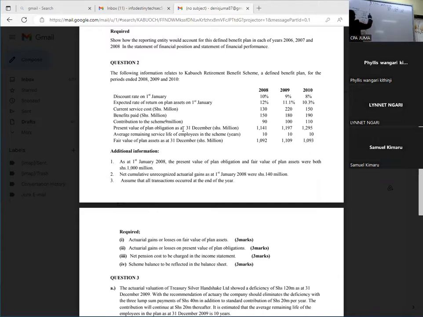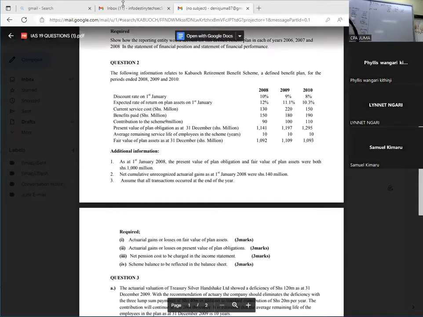So present value brought down, both were standing at 1,000. Go there, check the carried down. Carried down for 2008 becomes the brought down 2009.